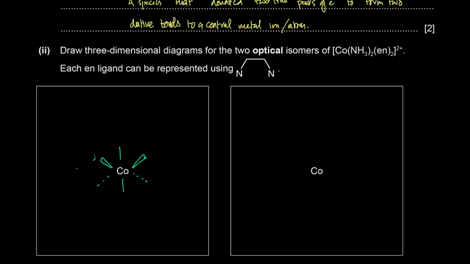So if we do the cis isomer here, what do we have? Well, the two NH3s must be 90 degrees from each other. So we have NH3, and then we have N and N over here. And the optical isomer, or the enantiomer, for this is the mirror image. So now the NH3s, which are on the right or the near side, will now be on the left.